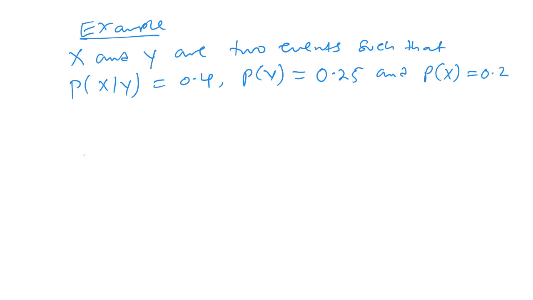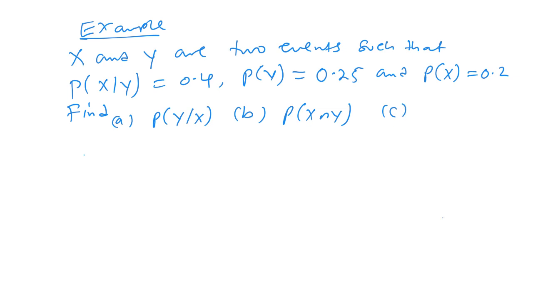So the question is, find A, the probability of y given x, B, the probability of x intersection y, and C, the probability of x union y.